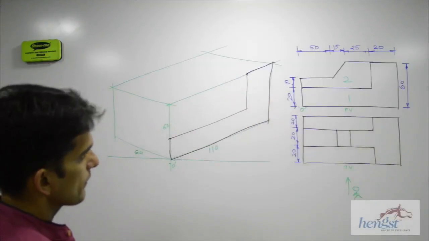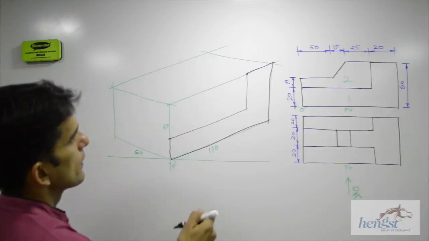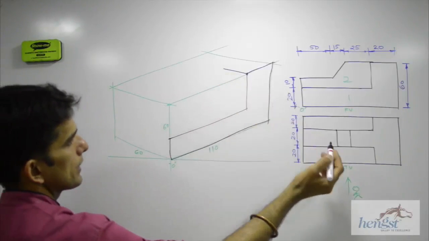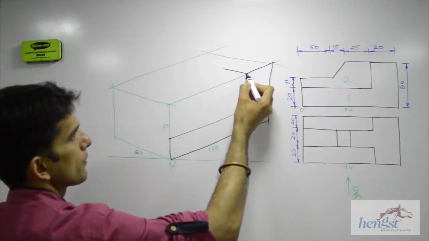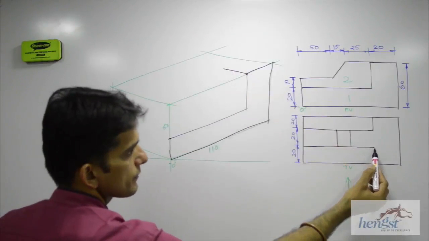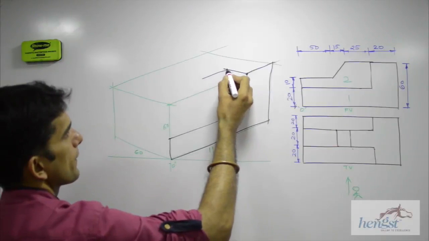So then I will draw that part. How much do I have to go behind? I have to go behind by 20. So from here I'll go behind by 20. Then from here to here is 20. Then how much is from here to here? It is given 25. So we'll take 25.